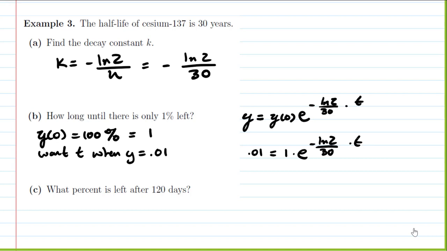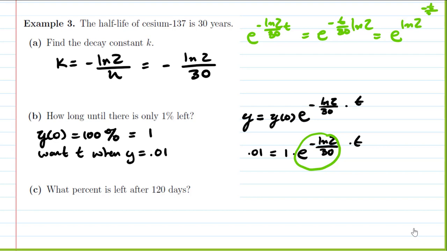times t. So once again, it's worth noting, if we simplify this using some of our log properties, this is the same as e to the negative t over 30 times ln 2, which is e to the ln 2 raised to the negative t over 30. Something very interesting happens. Once again, those reduce out. And what are we left with? 2 raised to the negative t over 30, right?